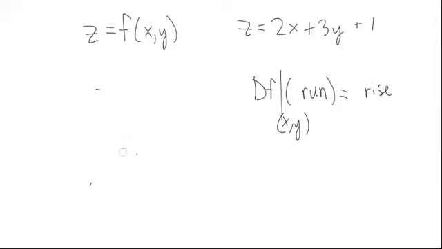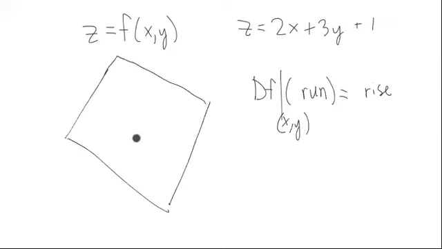We'll just look at a plane from maybe this vantage point right here. And let's suppose at a particular xy value, we're right here. So maybe this is xy, and to make sure this is actually on the surface itself, the plane itself, I'll add in a z value. So f of xy.